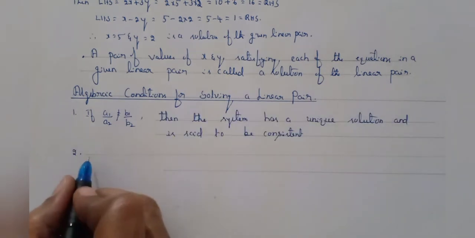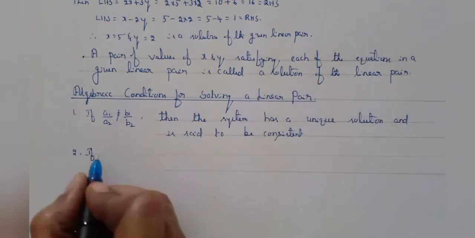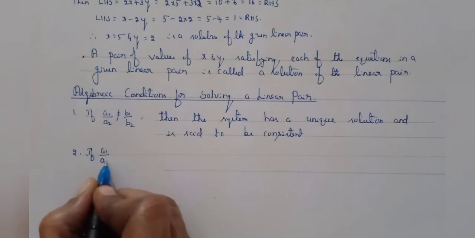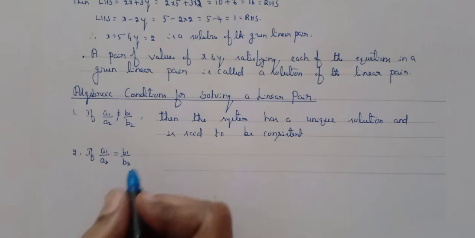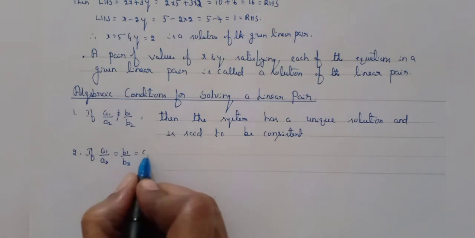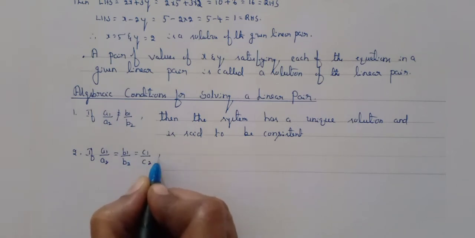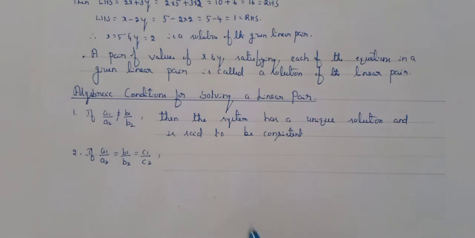Next, the second condition is if a1 by a2 is equal to b1 by b2 and b1 by b2 is equal to c1 by c2, then the system has infinite number of solutions. And if the system has infinite number of solutions, then it is said to be dependent consistent.